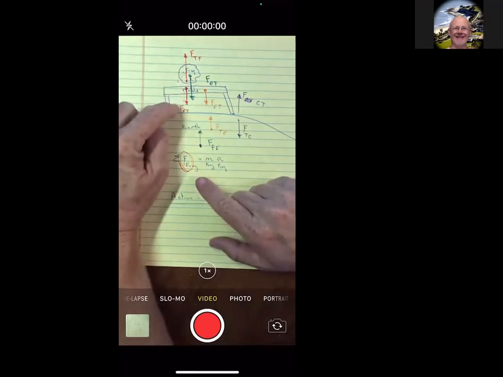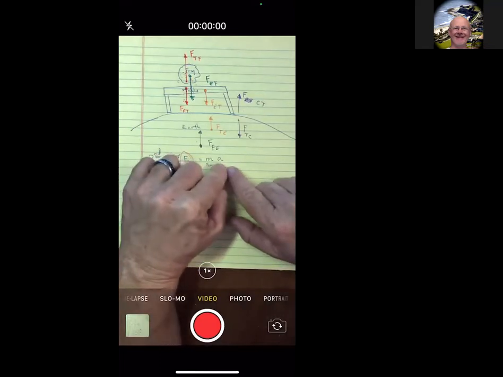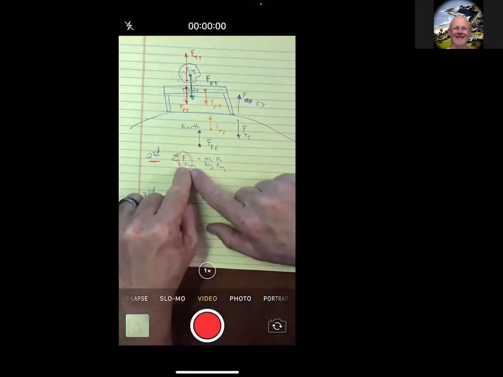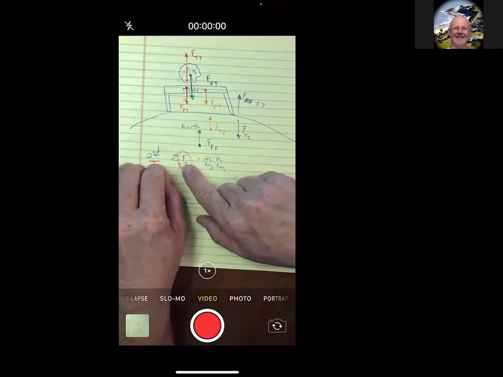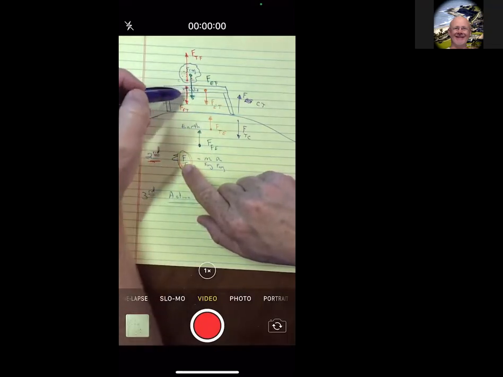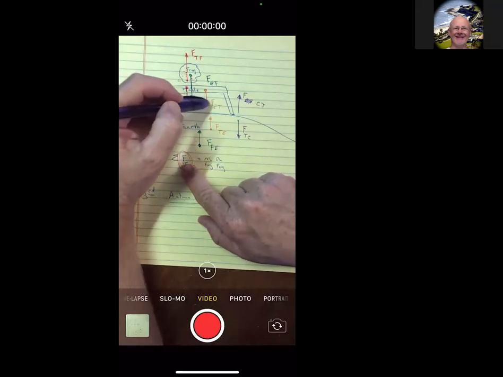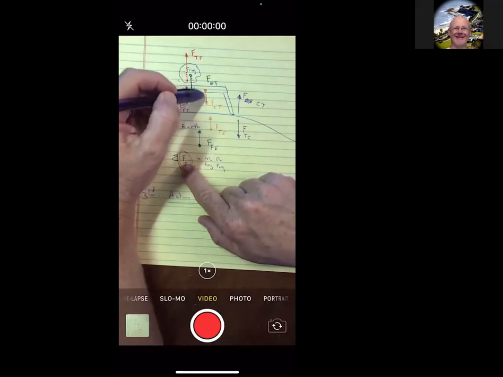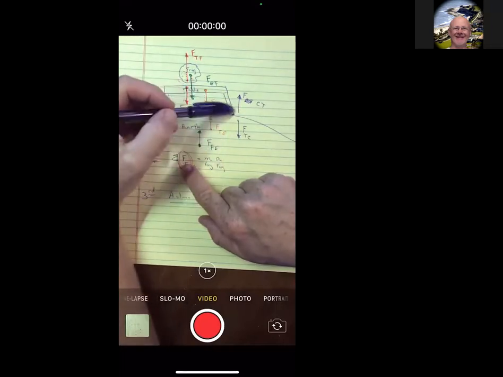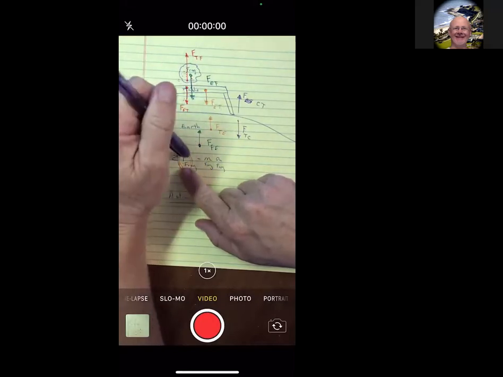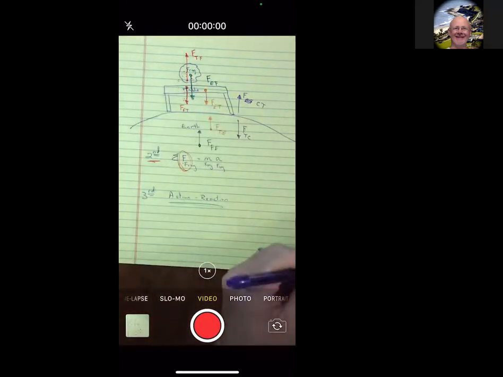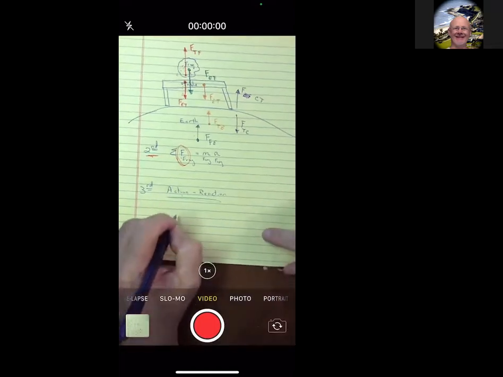If I was trying to find out the acceleration of the table, then right here at the second law, I would do all the forces on the table. And I think there's three of them. There's this red one, which is coming from the frog. There is this orange one, which is coming from the weight of the table. And then there is this purple one, which is coming from the contact with the ground. So if I was doing Newton's second law for the table, maybe I'll just put it down here.